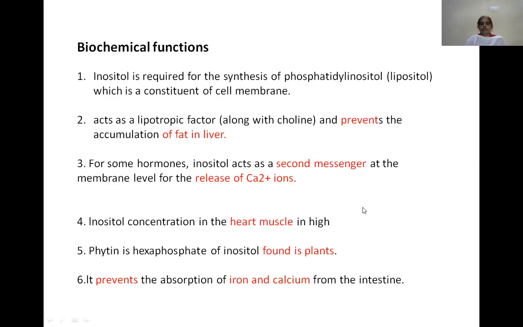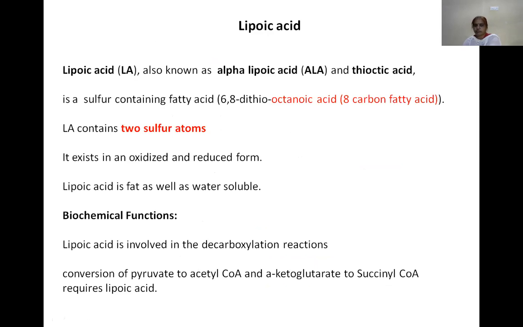Phytin is the hexaphosphate of inositol that is found in plants. Inositol hexaphosphate is present in plants in the form of phytin. It prevents the absorption of iron and calcium from the intestine.